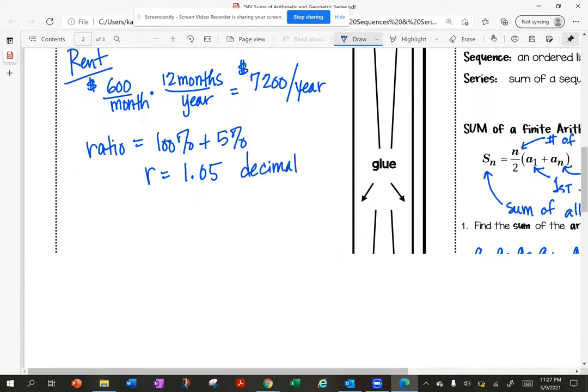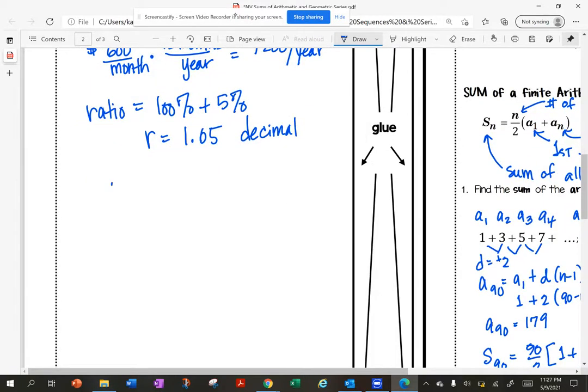So substituting in, the sum of my 6 years is going to be the first year, which is 7,200, times 1 minus 1.05 raised to the 6th, divided by 1 minus 1.05.